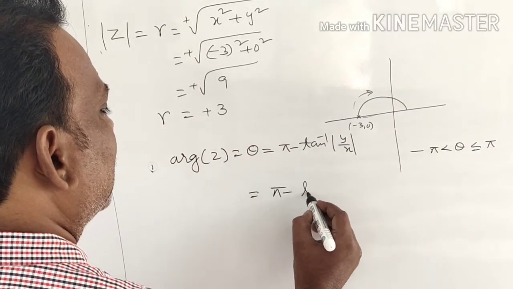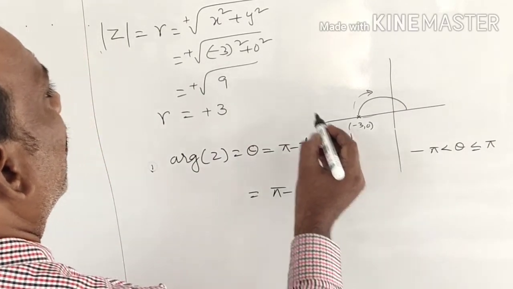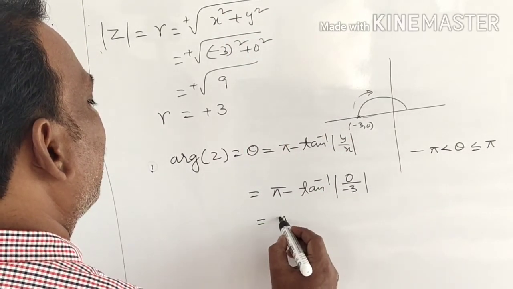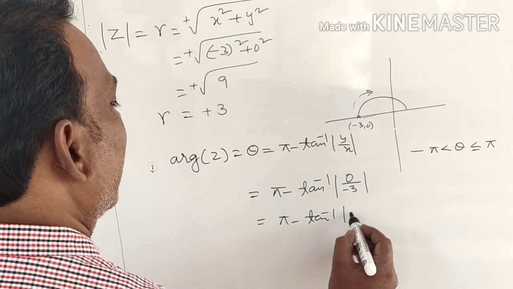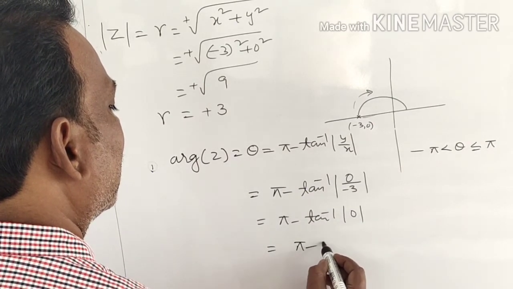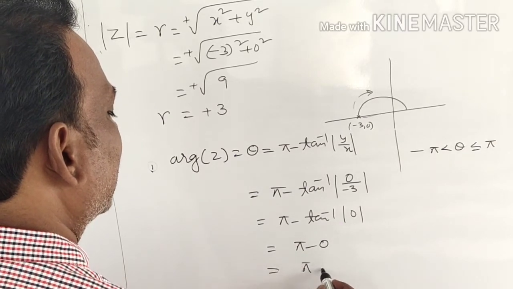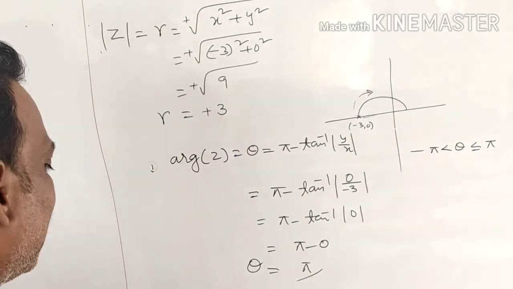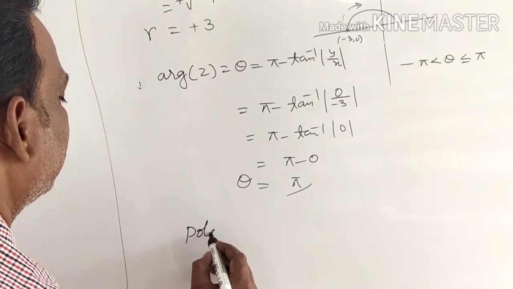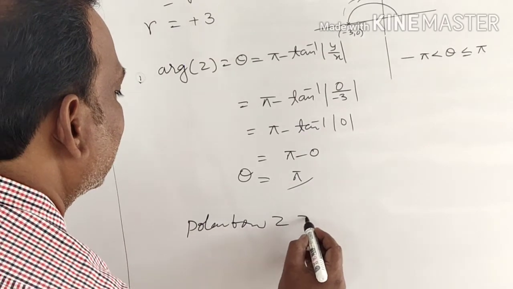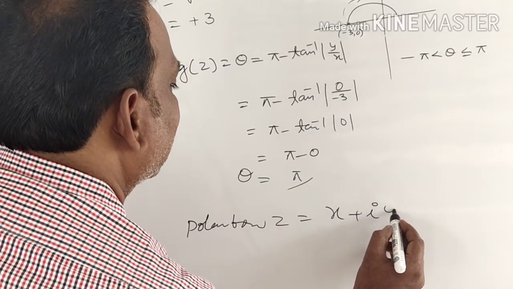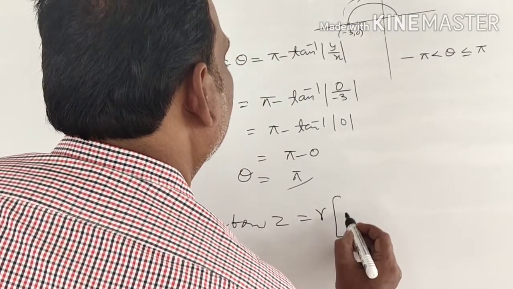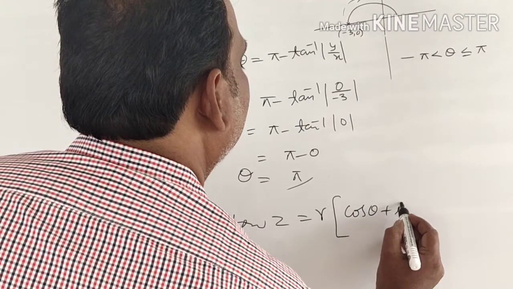Now pi minus tan inverse mod y by x. The y value is 0, the x value is minus 3, and 0 by anything is equal to 0 only. So tan inverse of 0 is 0, and you will get pi minus 0, which is pi. This is the argument, or amplitude, of a complex number. Now the polar form of a complex number z is equal to x plus iy, sorry, r into cos theta plus i sin theta.